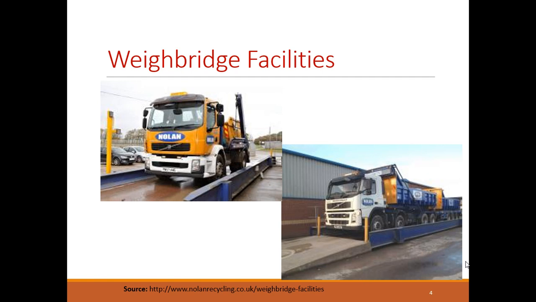So when the truck drives onto the bridge, they would have information such as the weight of the truck before the load and the weight of the truck after the load, so that they can make a determination of the actual weight of the load. And information like that could be very useful in determining generation rates.